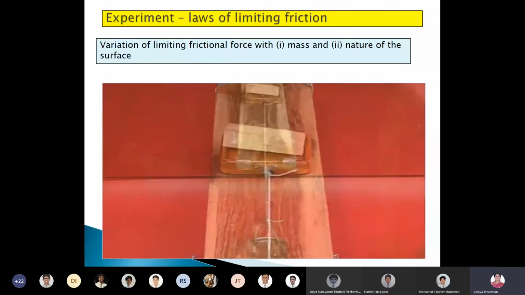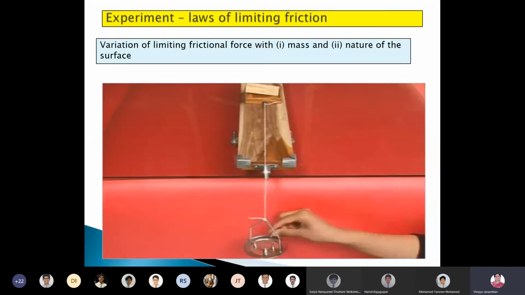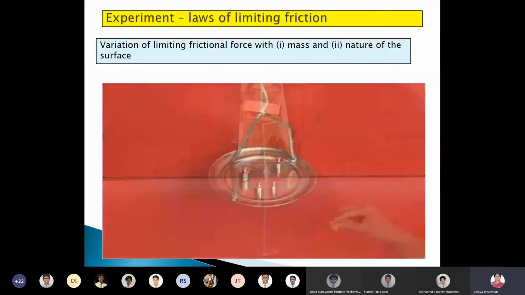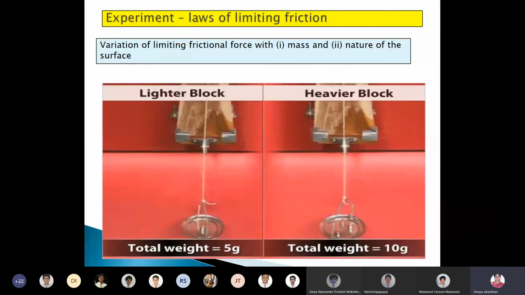Now you're increasing the weight of the object. When you increase the weight of the object, see the value of the limiting friction. Now it becomes 10 grams. So for the lighter block, you require 5 grams to pull the block.